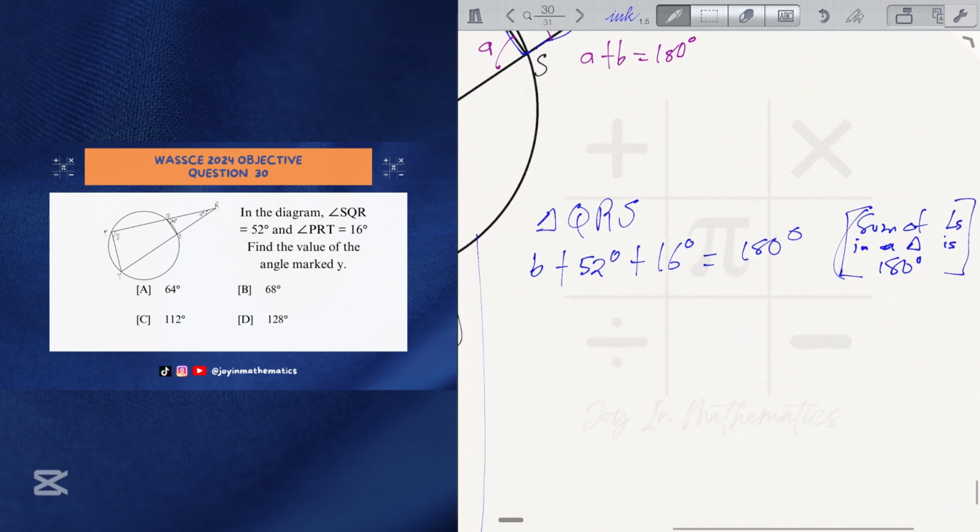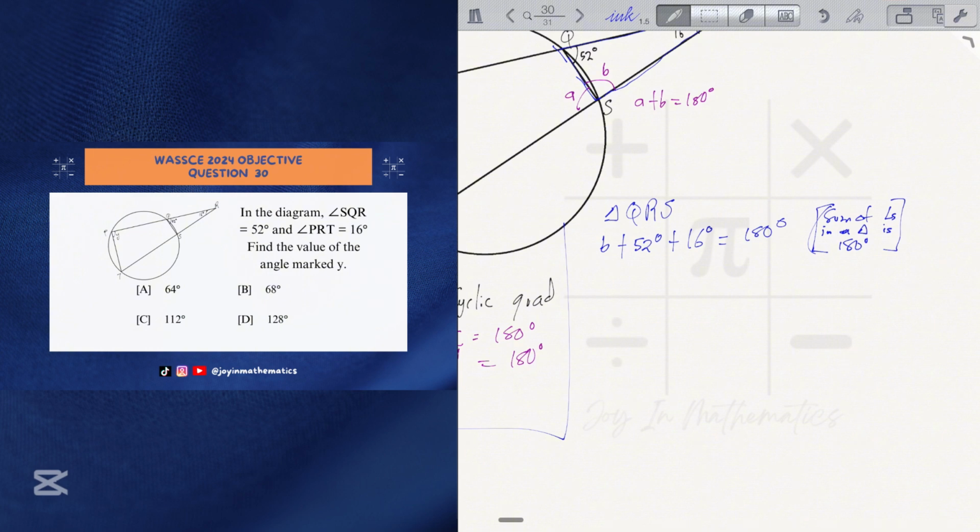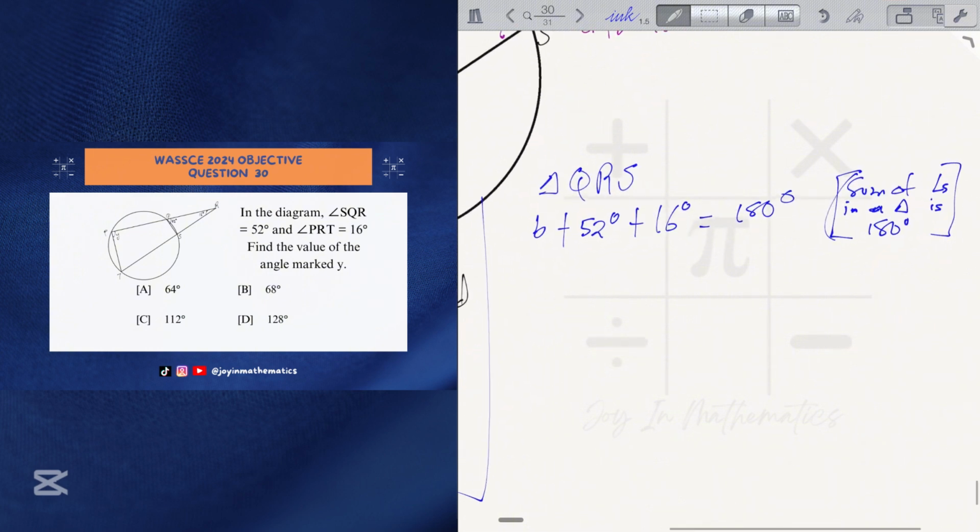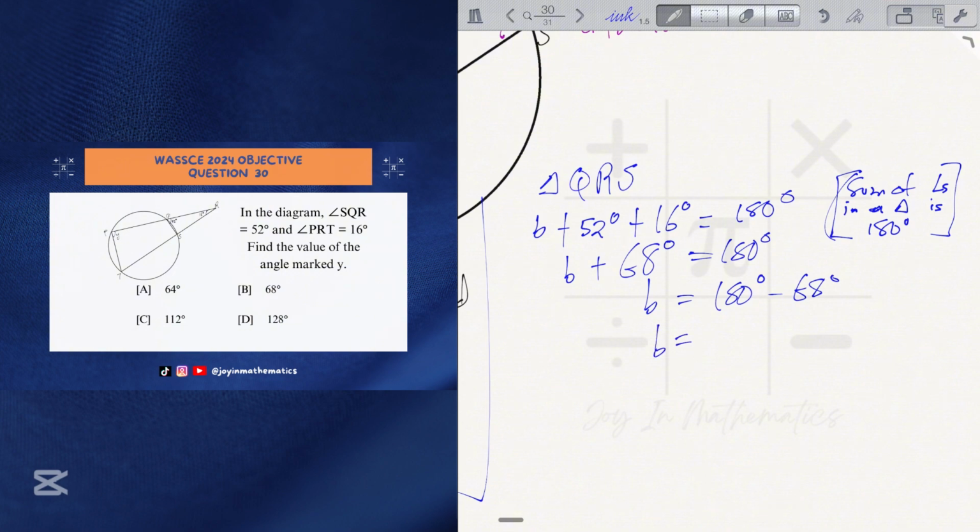So with that done, we can now evaluate angle B. So B plus 68 degrees is equal to 180 degrees. So with that, B will be equal to 180 degrees minus 68 degrees, which will be 102 degrees.